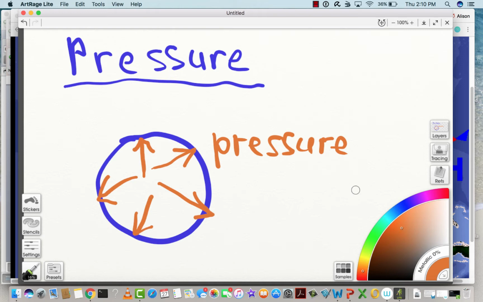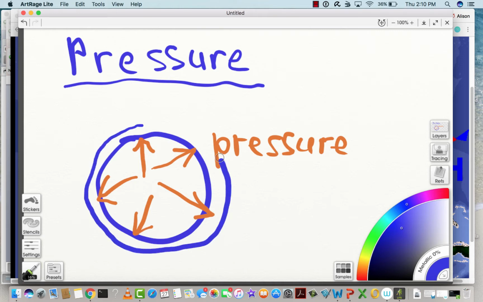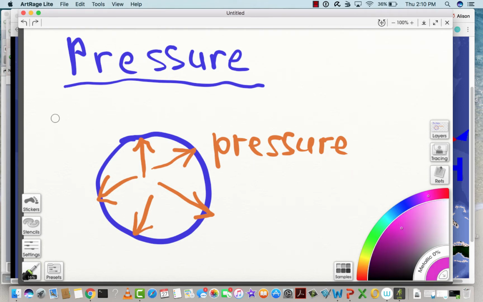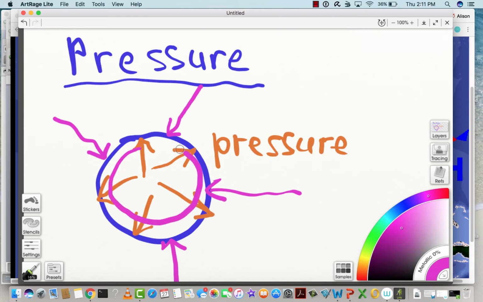If you let them, the internal pressure might push the boundaries of the parcel outward, and the parcel would expand. The other possibility, of course, is if there's air pressure from the surroundings, which is stronger, and oftentimes we let the lengths of these wiggly arrows represent the strength of the pressure, well, that might compress the parcel.